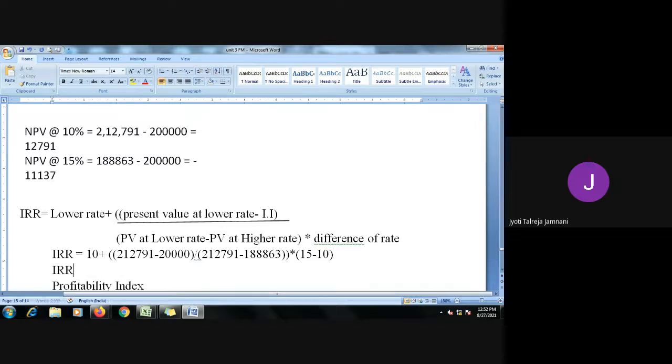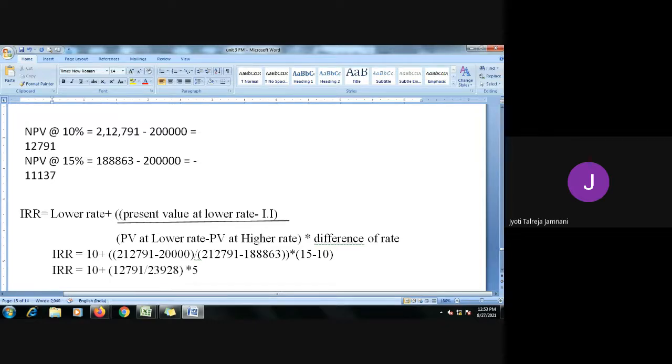So IRR will be equal to 10 plus 12,791 divided by, we'll just check this, 2,12,791 minus 1,88,863. We get 23,928, into the difference of rate, which is 5.